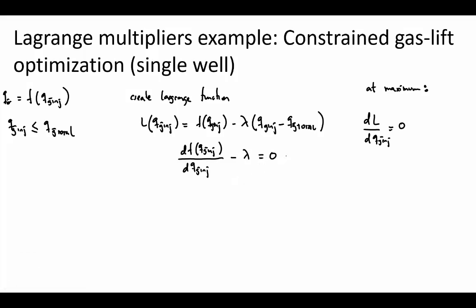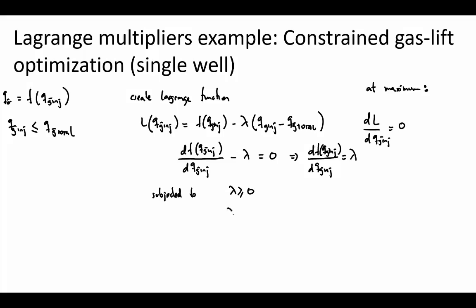Essentially the derivative of the function, in the unconstrained case, simply had to be 0, which is what we did before when we had no constraints, but now it has to be equal to lambda. Subject to, one of the constraints is that lambda has to be greater or equal than 0.